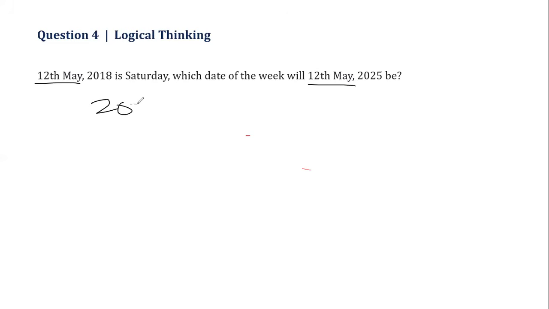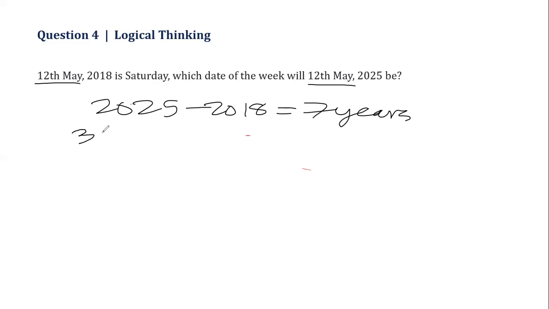So 2025 minus 2018 is 7 years. We know that common years, normal years, have 365 days.